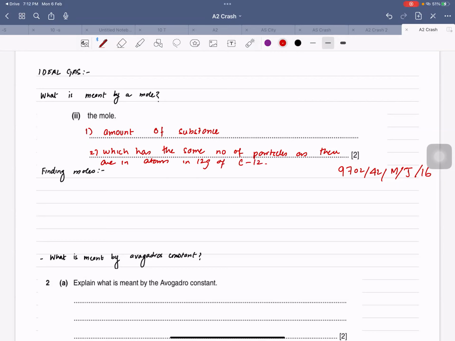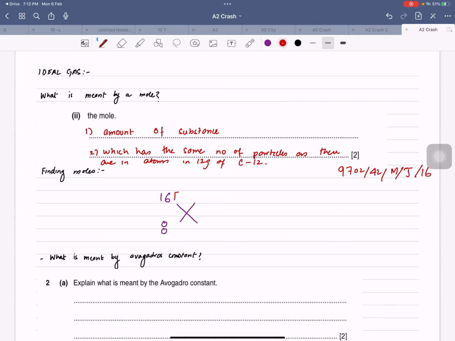Now, finding moles is super convenient, easy. For those who do not take chemistry, I just want to tell you that when you look at any element in the periodic table, suppose that element is X, it will have a number here, like oxygen has 16 and 8 as the 2 numbers.